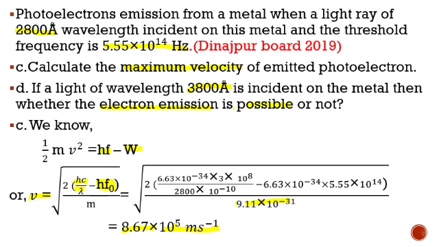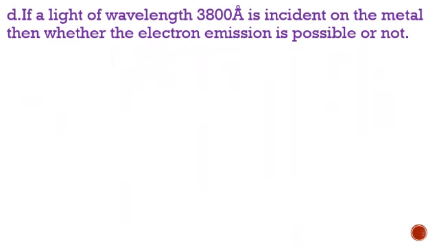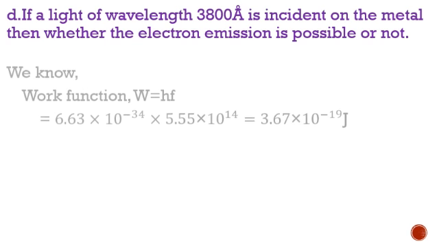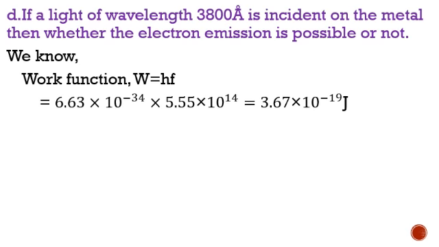Now let's do the second question. Here the second question came again: if light of wavelength 3800 angstrom is incident on the metal, then whether the electron emission is possible or not. To find this out, we have to find the work function and the energy of the incident ray that is incident on the metal.